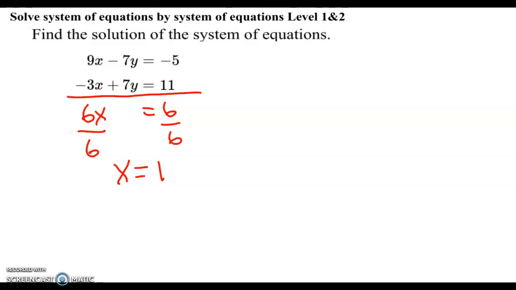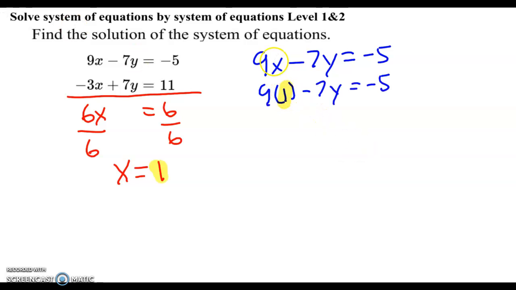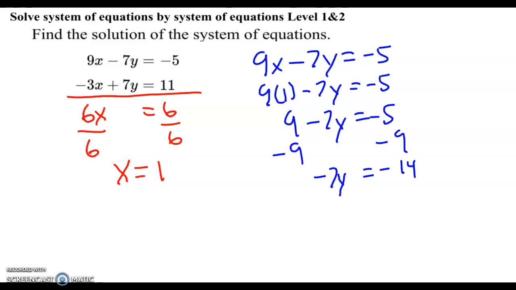Alright, now we're going to take that and plug it in to any of the original equations here. So I'm going to plug it into the first one. And I got 9x minus 7y is equal to negative 5. And I plug in the 1 for x. And then I just solve it. 9 times 1 is going to be 9. I subtract the 9 on both sides. I get negative 7y is equal to negative 14.